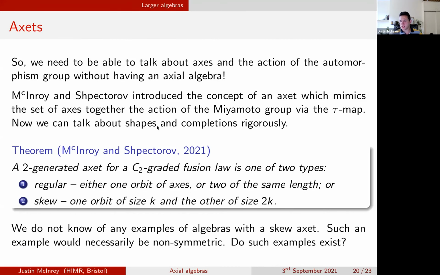I guess what I wanted to say also is that, so there's this two-generated result. We've also started considering shapes on larger axets, and we've got some first results on classifying all the completions for some given shapes on some three-generated axets.